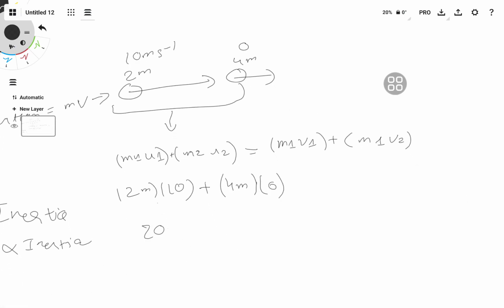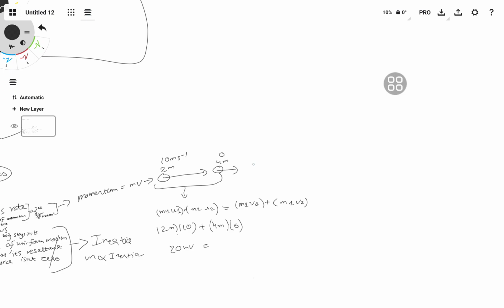So this is 20mv equals... let's just draw here 2m, this 5, and actually, let's do this 1 meter per second and try to find the momentum that would be there. This is my high momentum 2m, and this 4m v is equal to unknown.